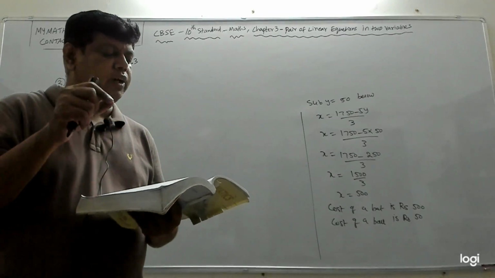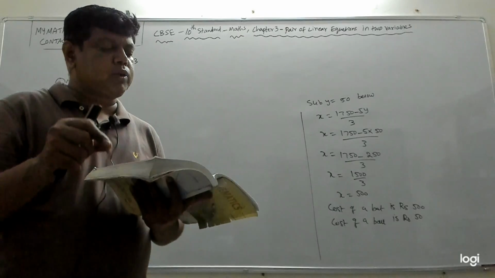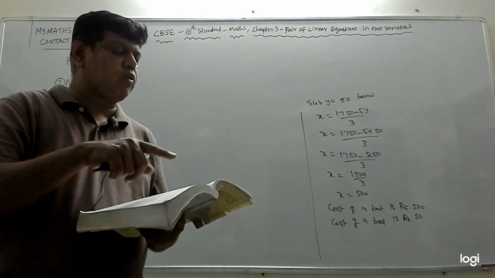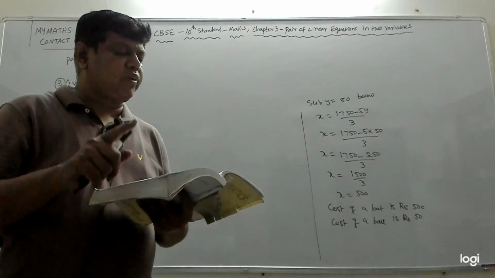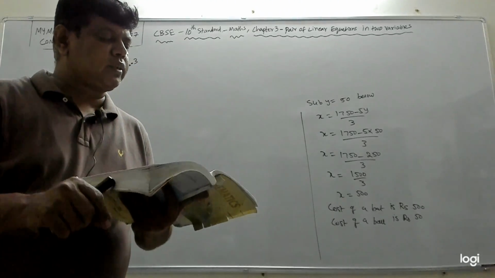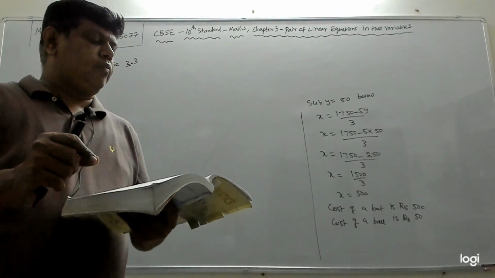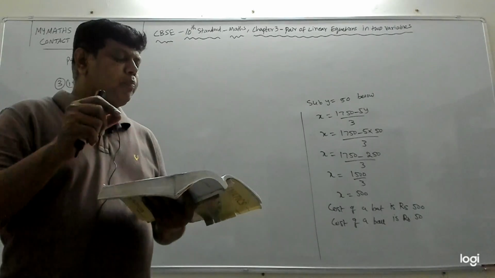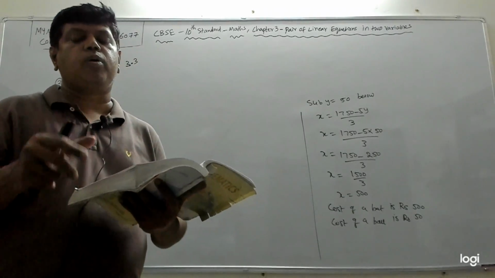For a distance of 10 km, the charge paid is rupees 105, and for the journey of 15 km, the charge paid is 155. What are the fixed charges and charge per kilometer? How much does a person have to pay for traveling a distance of 25 km?